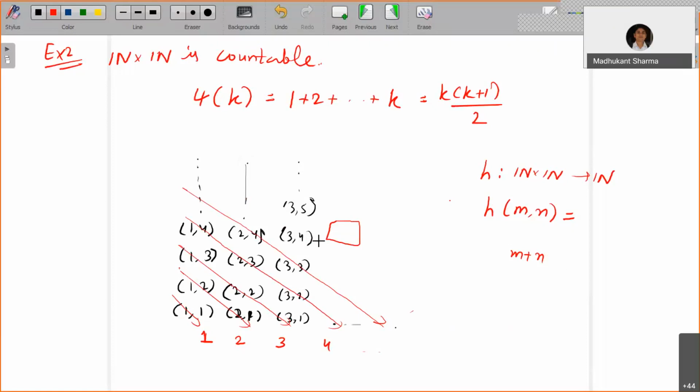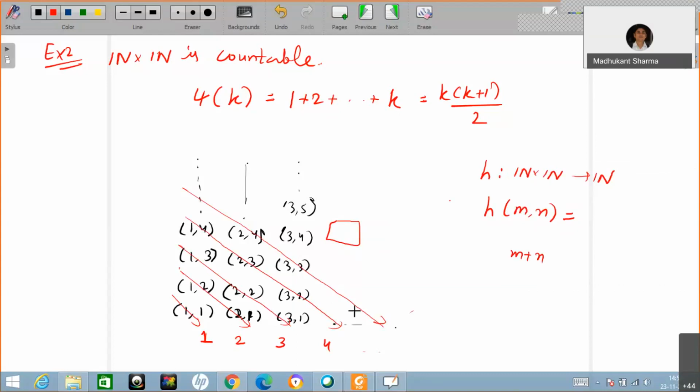Now in the first diagonal the sum is 2, in the second diagonal the sum is 3, in the third diagonal the sum is 4, in the fourth diagonal the sum is 5.